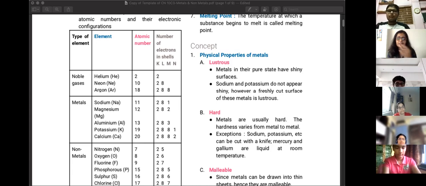Sonorous. Very nice. So first, what do you mean by conductivity? It allows electricity or heat to pass through it easily. Conductivity is the ability to pass, to conduct. What do you mean by conduct?